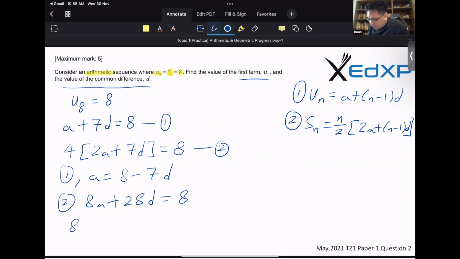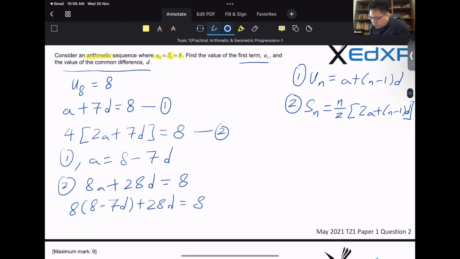We can substitute this in. So we substitute a in, which is 8 minus 7d, plus 28d equals 8. Expanding, we get 64 minus 56d plus 28d equals 8.